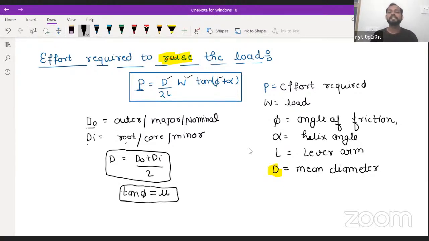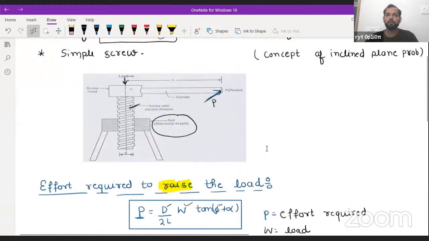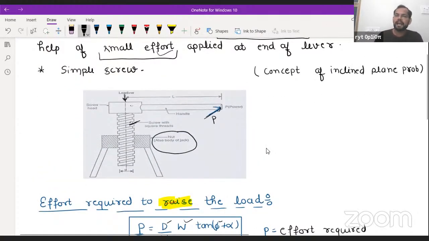So this is the effort required to raise the load. Now if we are talking about the torque required to raise the load, what will be the value? Because we are applying P here, about this axis, what can be the torque required?